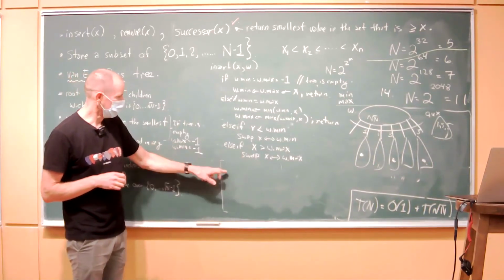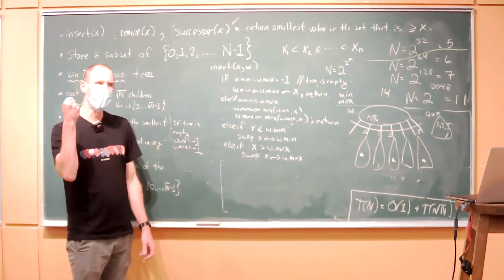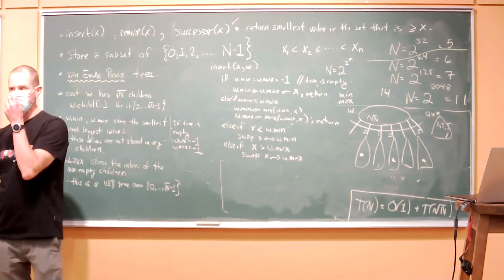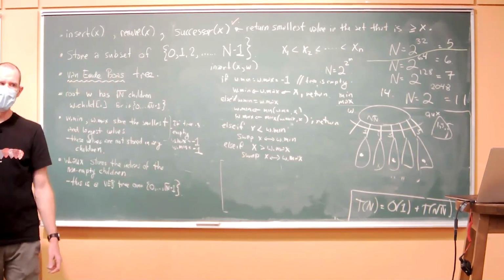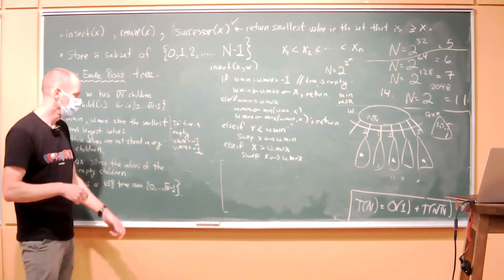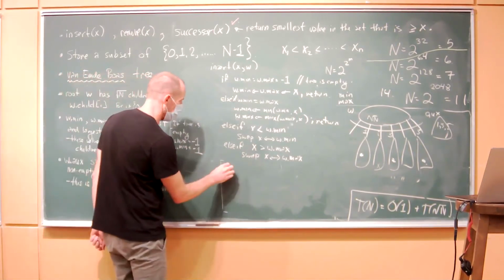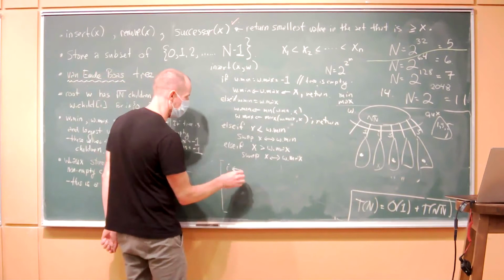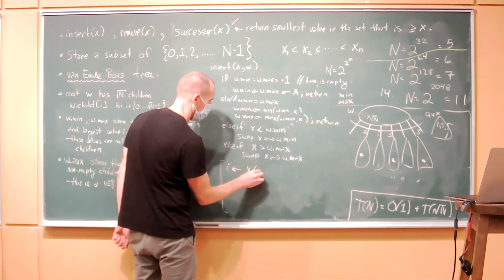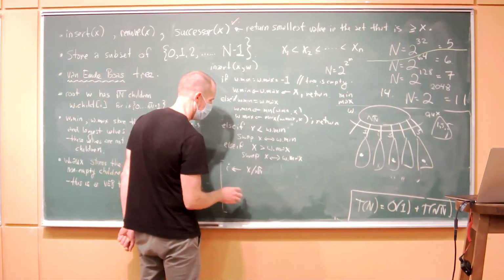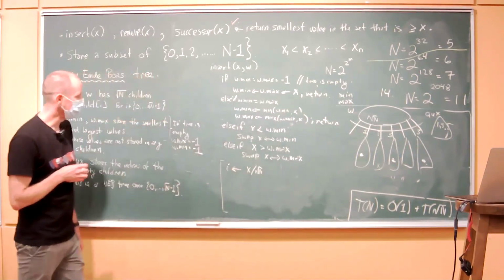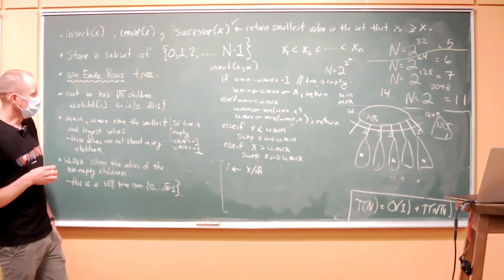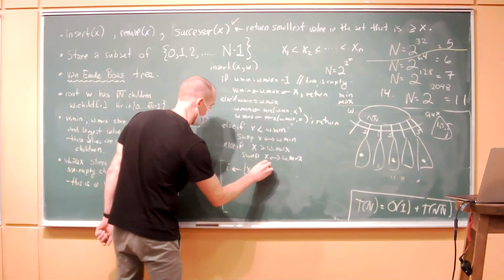Okay, so now we're really at this place. We have this value x. Maybe it's the original one, maybe it's the old max, maybe it's the old min. It needs to get inserted somewhere. Well, we know where it needs to get inserted. It needs to get inserted in the ith child, where you get i by dividing x by square root of n.